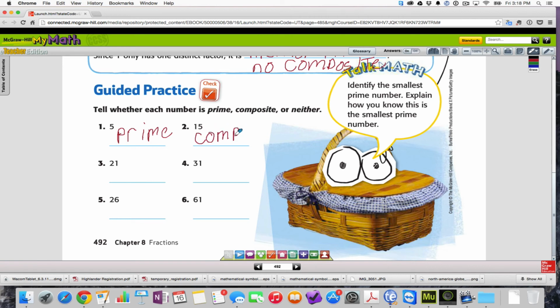So it would be composite. 21 is divisible by 1 and 21, but it's also divisible by 7 and 3, so it would be composite.